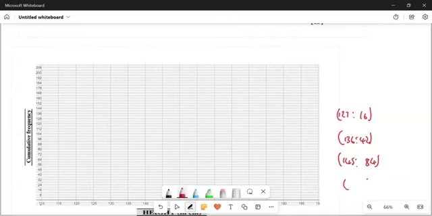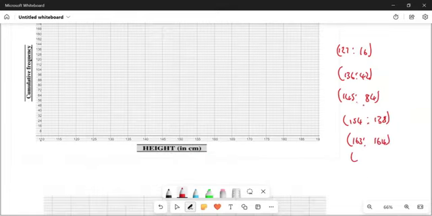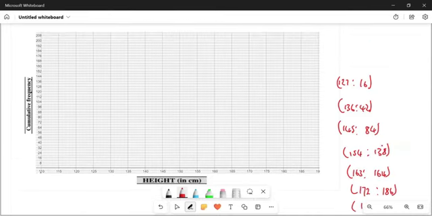What is the next one? 154 goes with 138. Then 163 goes with 164. What else do we have? 172 goes with 186. And then 181 goes with 200. Okay, let's go to our graph paper and plot these.